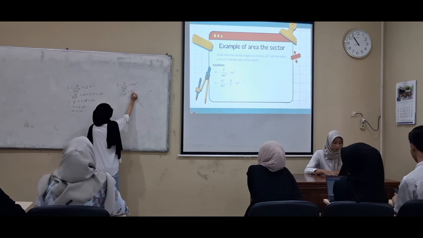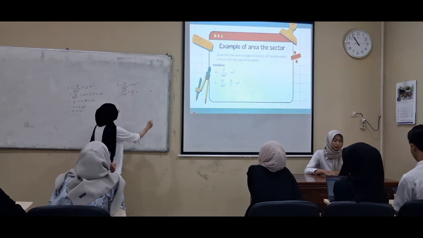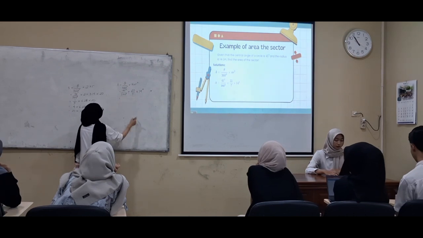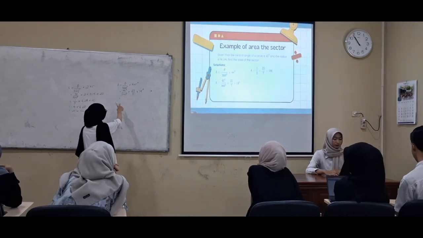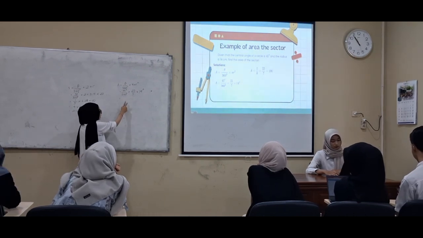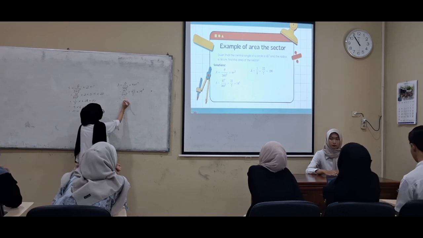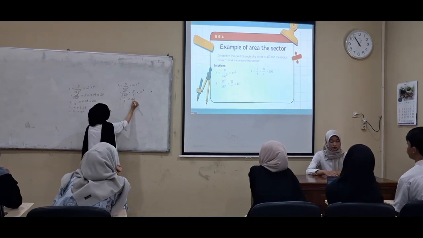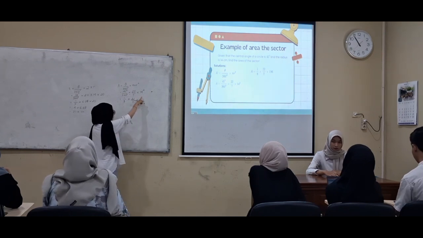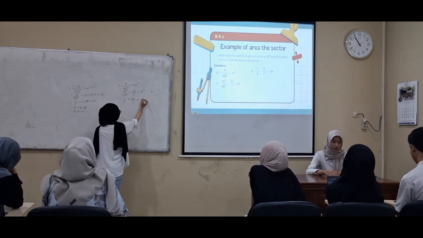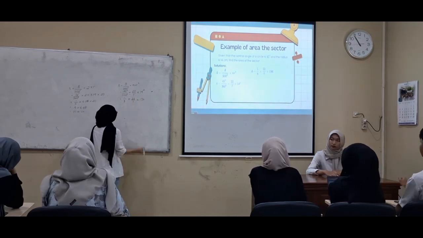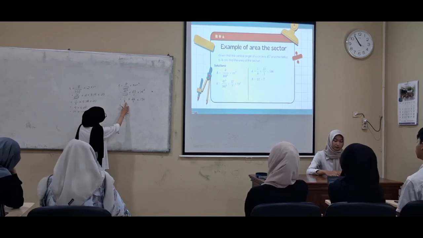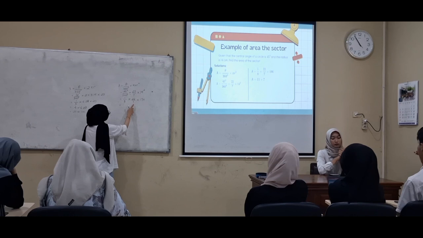Yes, 22 over 7 times r is 14 squared. And then 45 over 360 degrees is 1 over 8 times 22 over 7 times 14 squared is 196.